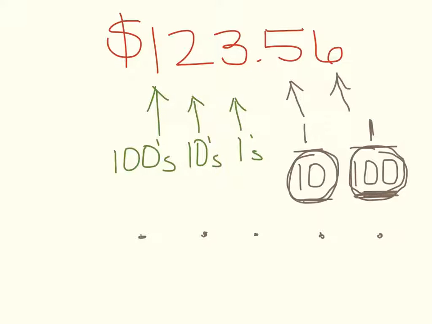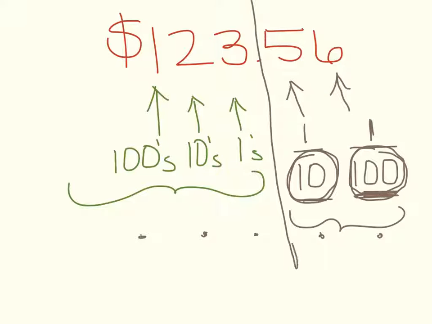This side over here are the whole numbers. Once we move to this side of the decimal, we are now working with decimal numbers. Make sure you keep that in your head, and this will be easy for you because eventually we'll add more decimal places than just 2, but money is a good place to start.